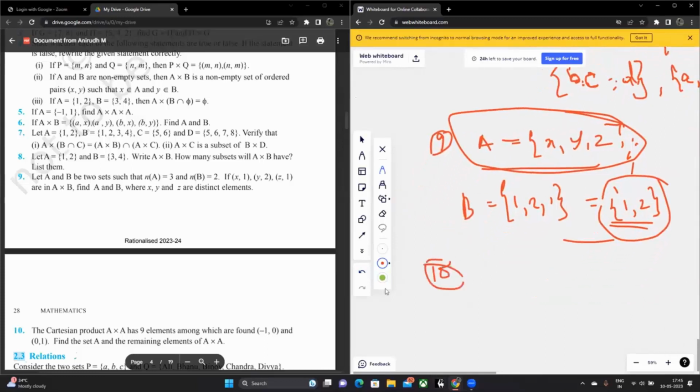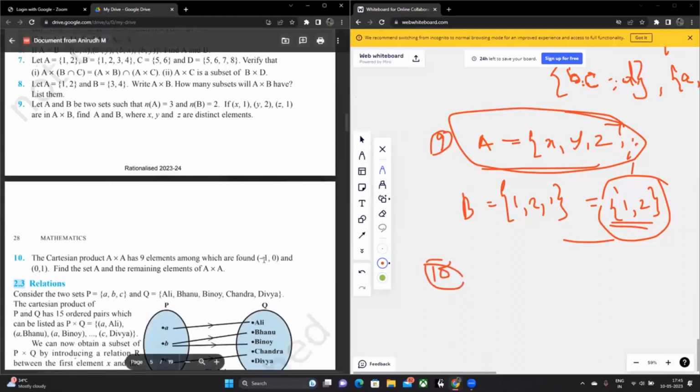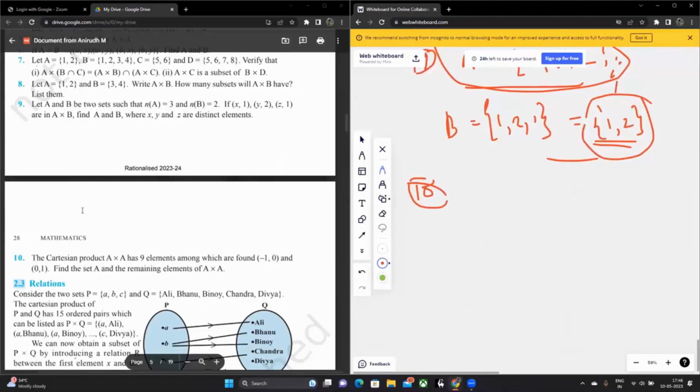And you have the last question. Cartesian product A cross A has 9 elements, among which are found (-1, 0) and (0, 1). Find set A and the remaining elements of A cross A. It's in the vein of question number 9 and question number 6.